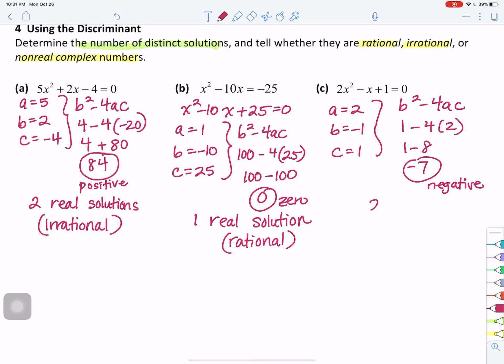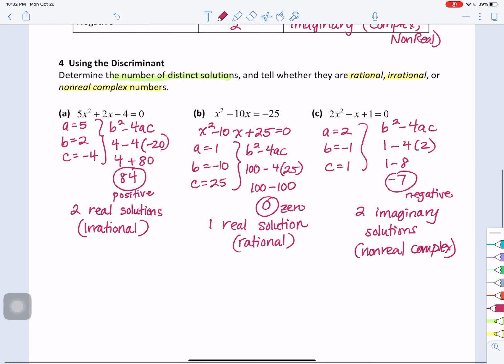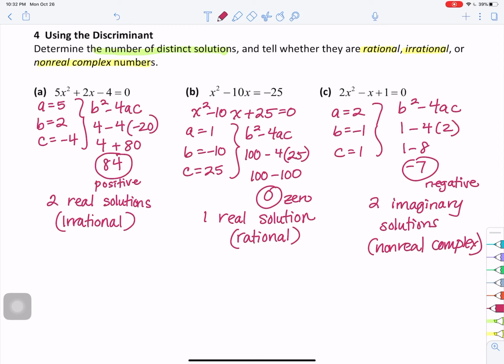So we have two solutions, but they are imaginary. Two imaginary solutions. And if you want, you can say that they are non-real complex. It's a complex number that's not real. And that concludes this class lesson.